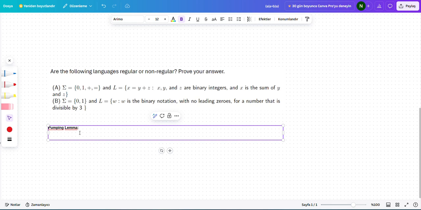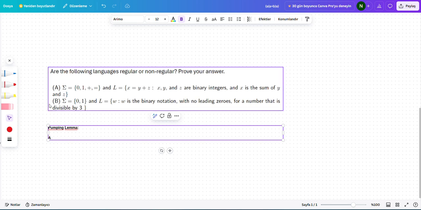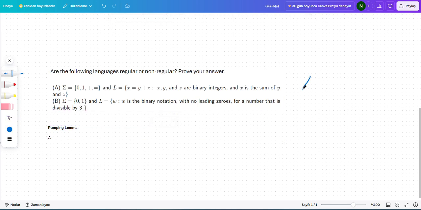Let me first explain what the pumping lemma is. In the pumping lemma, you apply a rule to divide your word into the parts x, y to the power of i, and z, where i is bigger than or equal to 0 and the length of y is bigger than 0.